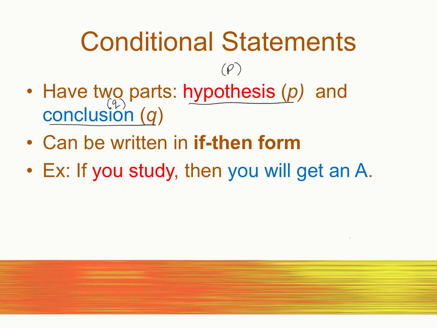Conditional statements can be written as if-then statements. So, for example, if you study, then you will get an A. So, if P, then Q. And how we write this using symbols is P and then an arrow to Q. So if P, then Q.